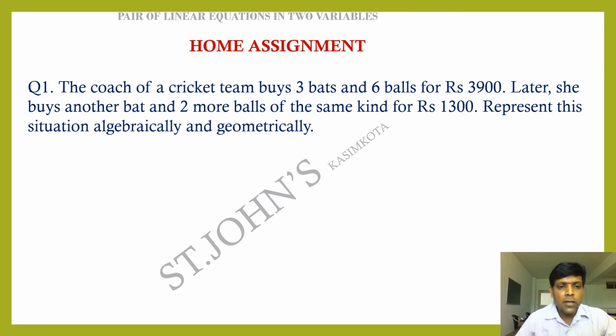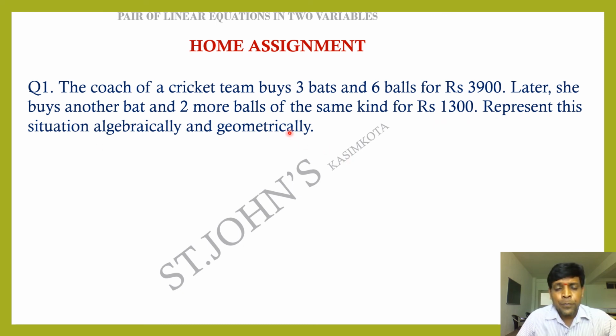Question number 1. The coach of a cricket team buys 3 bats and 6 balls for rupees 3,900. Later she buys another bat and 2 more balls of the same kind for rupees 1,300. Represent this situation algebraically and geometrically.